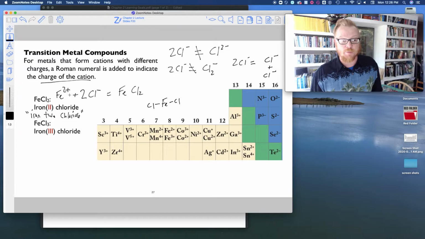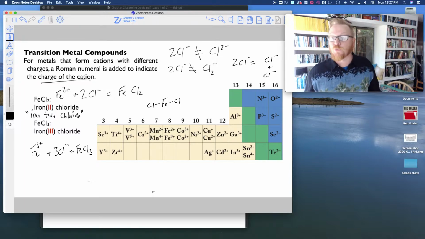And then when I allow them to bond with an iron 2 plus, this is what happens, okay? Or iron 3 chloride. So we recognize that we would have 3 single chlorides. So I would have to have an iron charge of 3 plus to give me iron 3 chloride, okay?